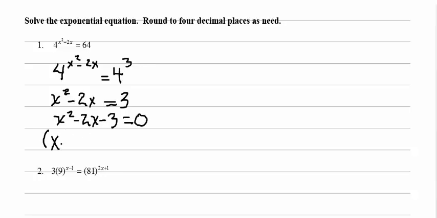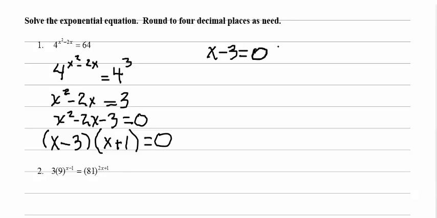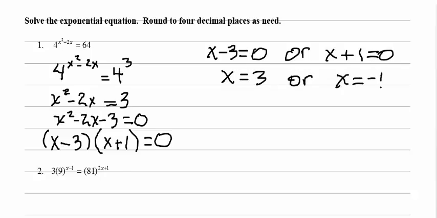And we obtain x squared minus 2x minus 3 equals 0 as our standard quadratic equation. We factor it and use the zero product property to solve and find that x is either 3 or negative 1.